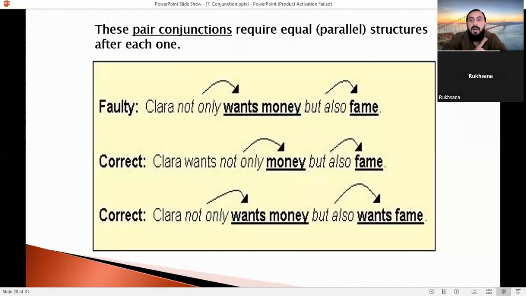For example, and: you cannot say I want to play and climbing mountain. That will be incorrect. On both sides of and, you have to use infinitives or gerunds, but they have to be of similar grammatical terms.